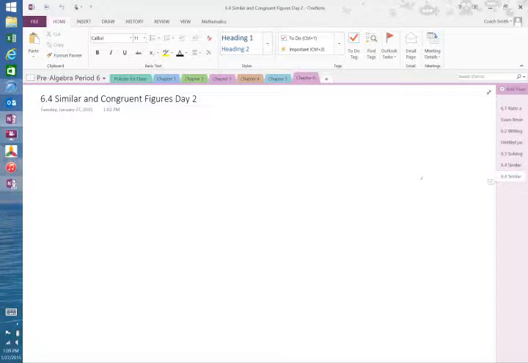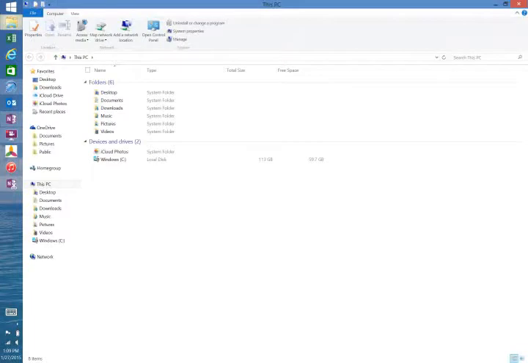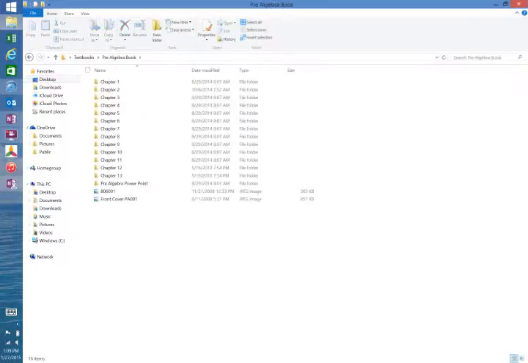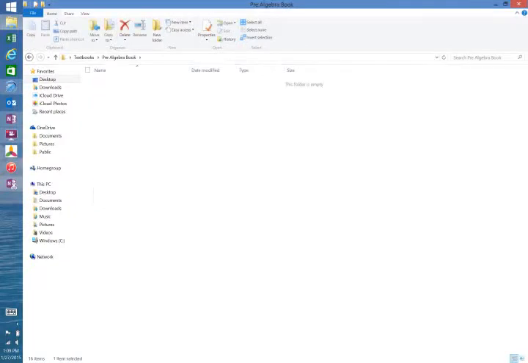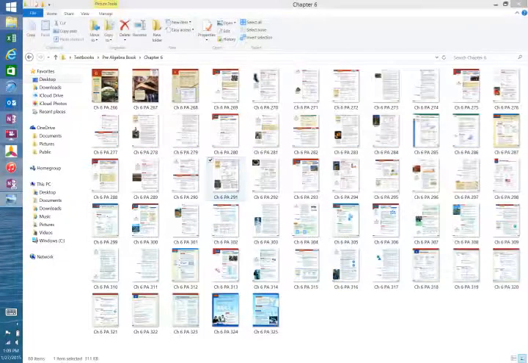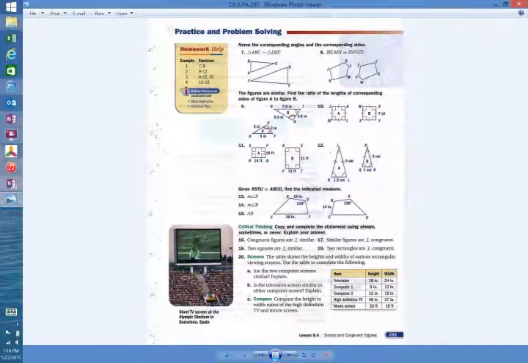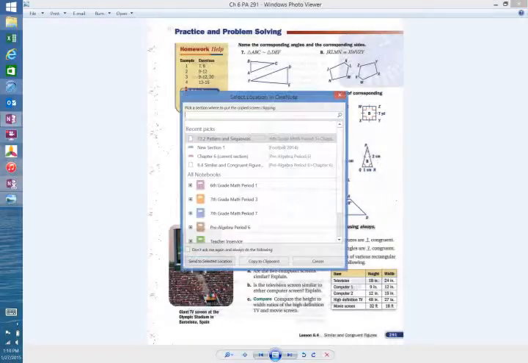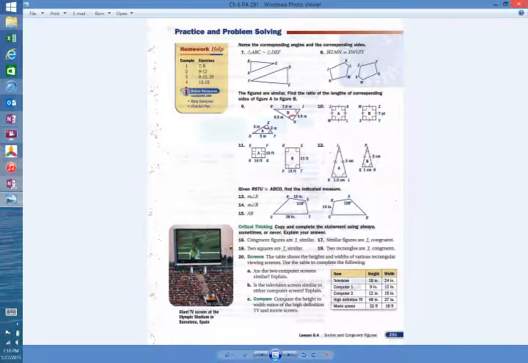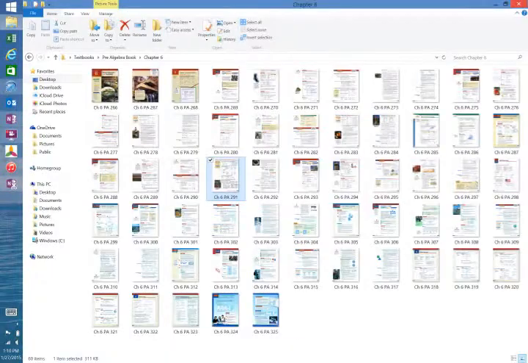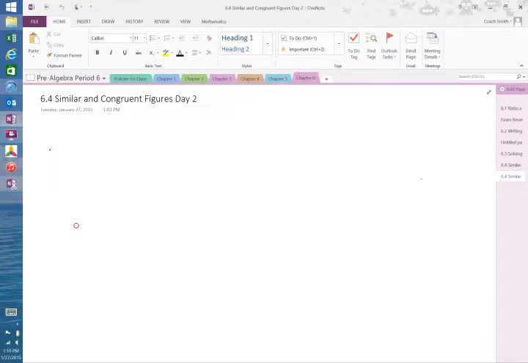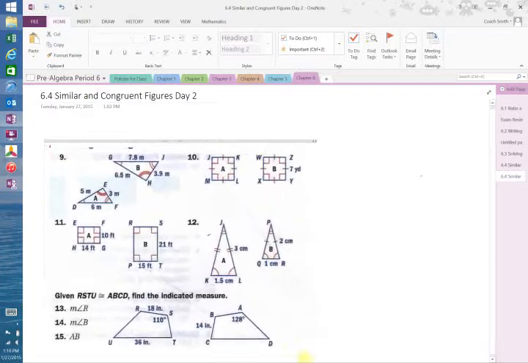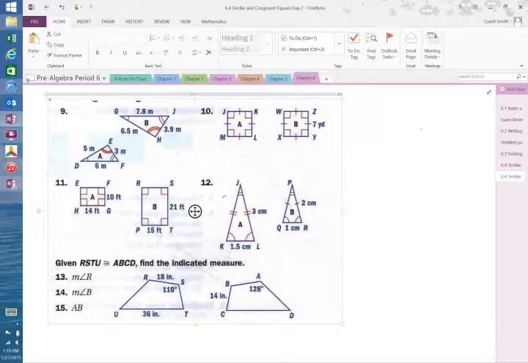Okay, look at page 291. All right. I want to look at number 9.